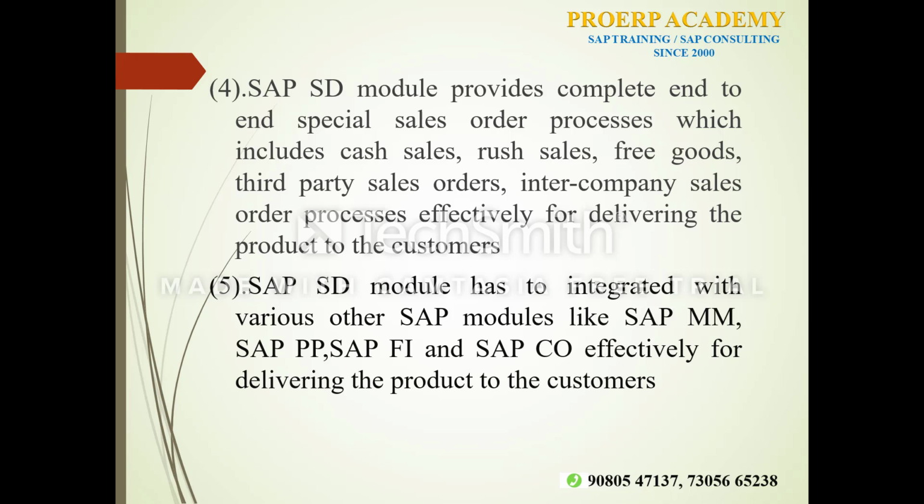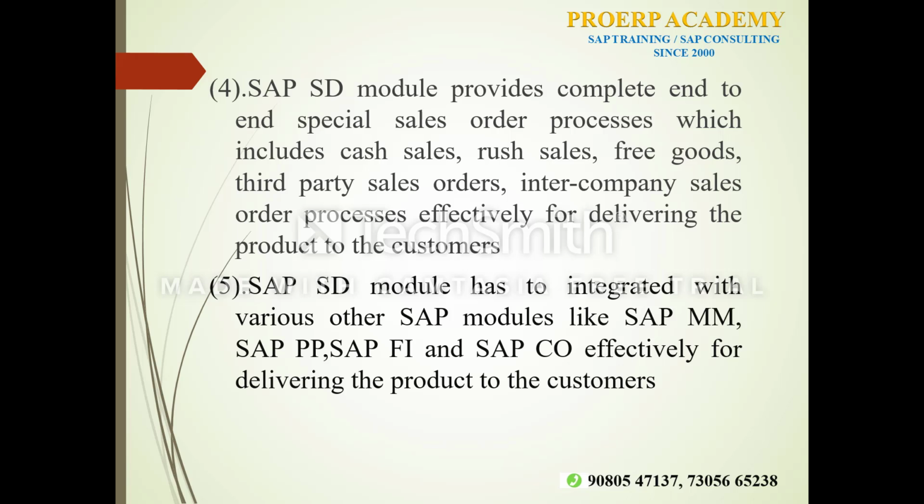In our scenario, our original material is the mobile phone, for which we have to pay. But for the headphones, that is the free goods given by the companies during the festival season, we need not pay. That is the reason why it is considered one of the special sales order processes. Remember that.